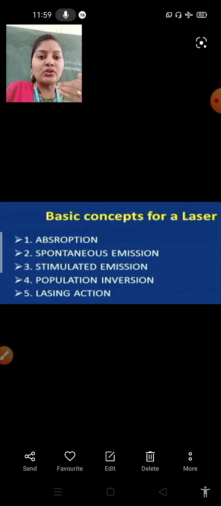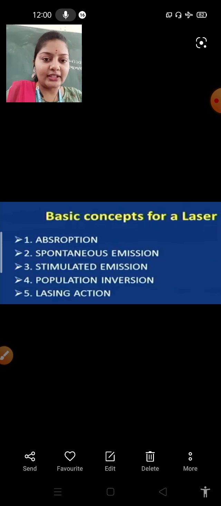In our laser concept, different types of lasers have different kinds of energy levels. For example, I am taking the ground state, comparing the excited state and the metastable state. Here I am introducing the new word metastable state, which I will explain in the coming slides.